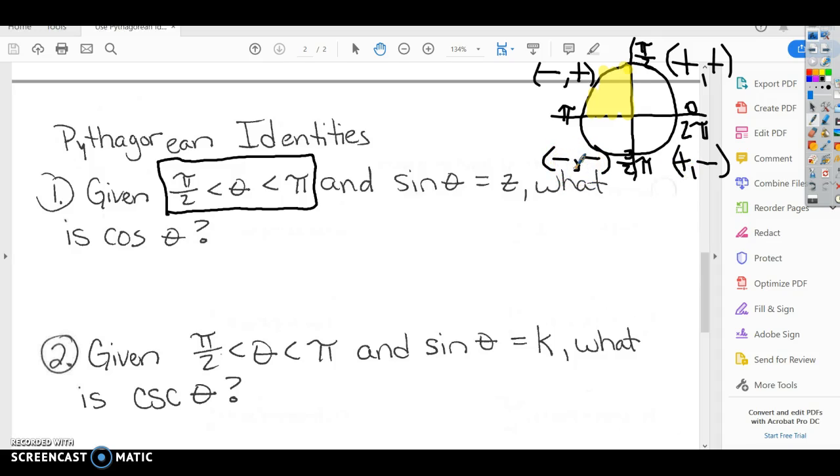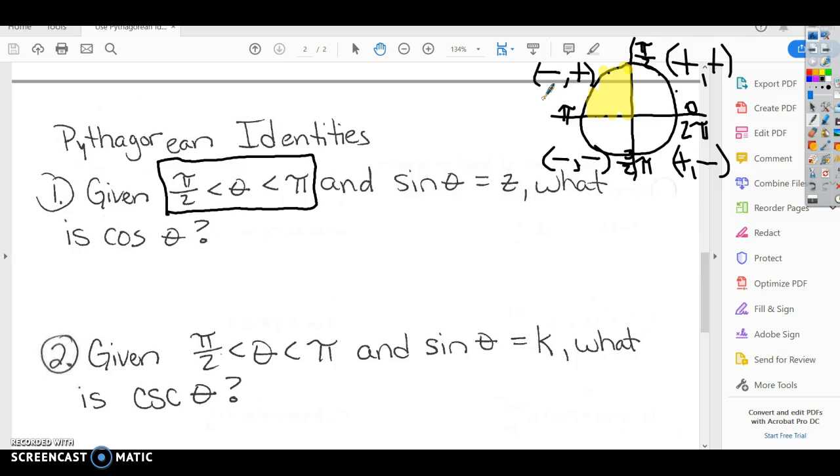When we're talking about the exact measures on the unit circle, when we looked at the 30, 60, 90 and the 45, 45, 90, you found specific measures along the unit circle. In each quadrant, they look similar, they just had different signs.